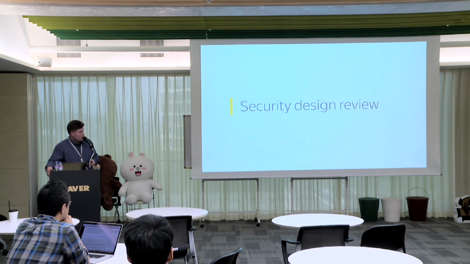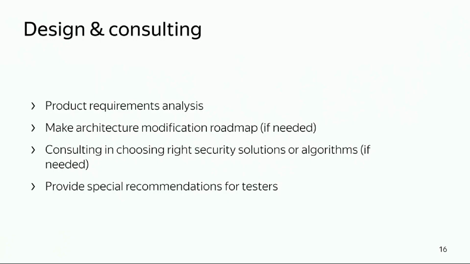The first one is the security design review. It's about the product security analysis, the product requirements analysis, and analysis of architecture. At the stage of feature freeze, we perform this action. We do it in different ways.